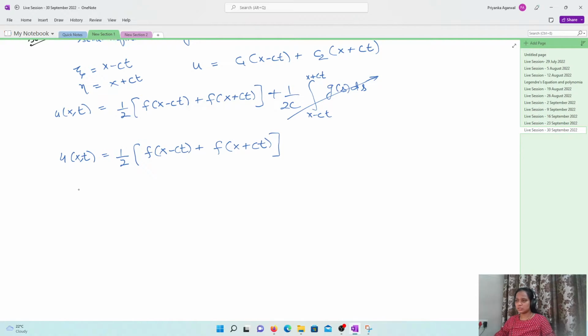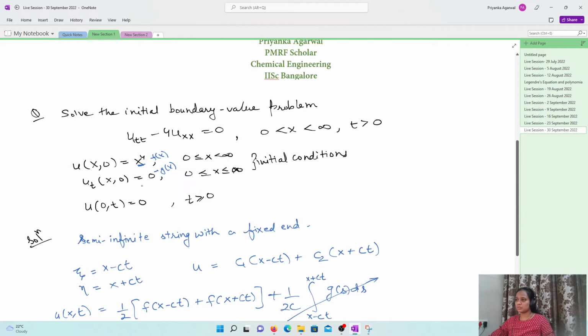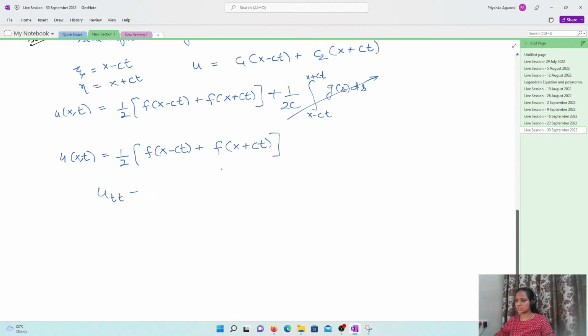And you see over here the equation is u_tt minus 4u_xx equals 0, so c is 2 here, and f(x) is equal to x to the power 4.